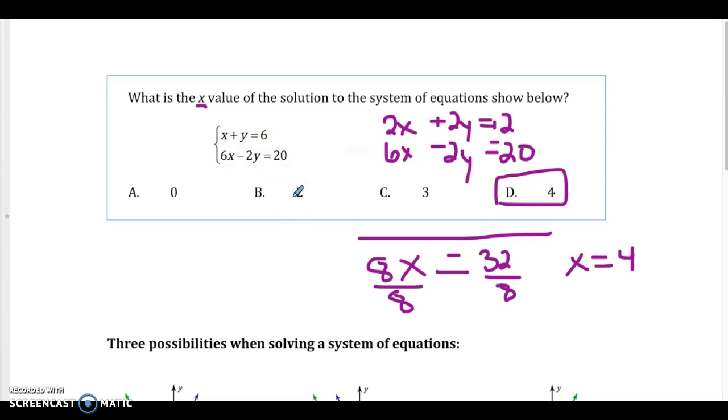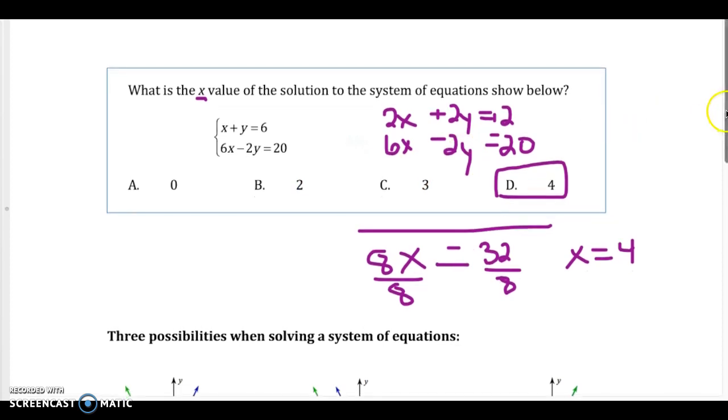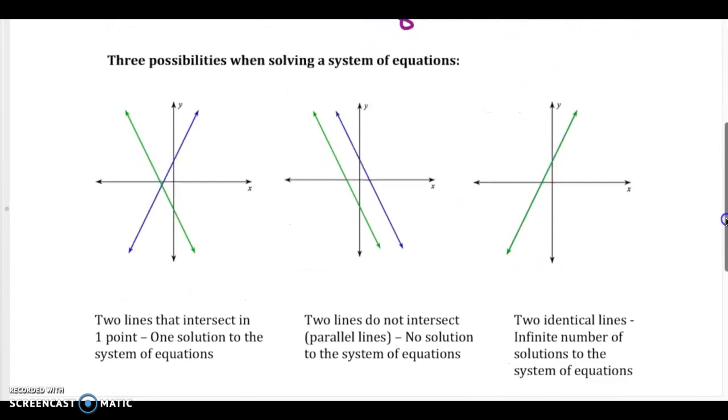Now, when you're solving systems, remember there are 3 different options for answers. We're used to, and we like it when we get one solution, okay, which is over here, where our lines meet, they give us 1 point. However, there are options when our lines are parallel and they're never going to intersect.